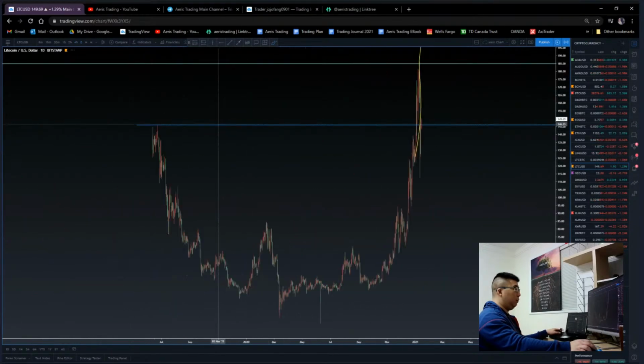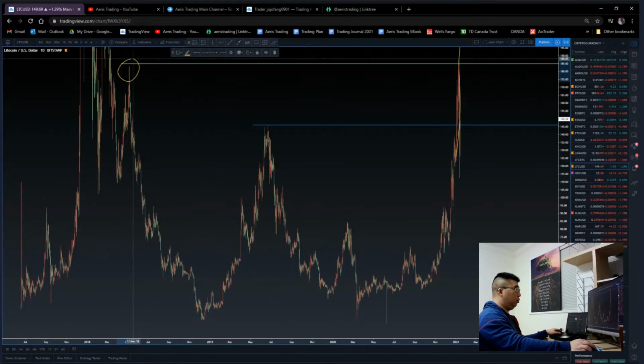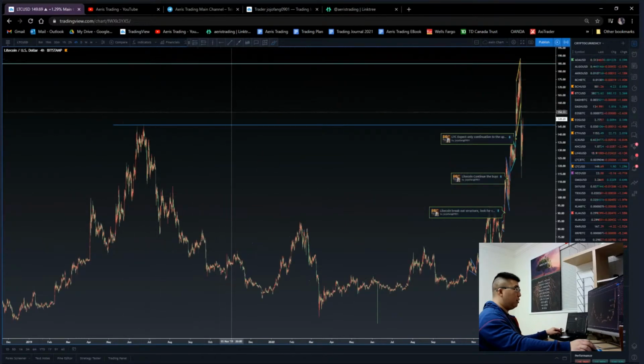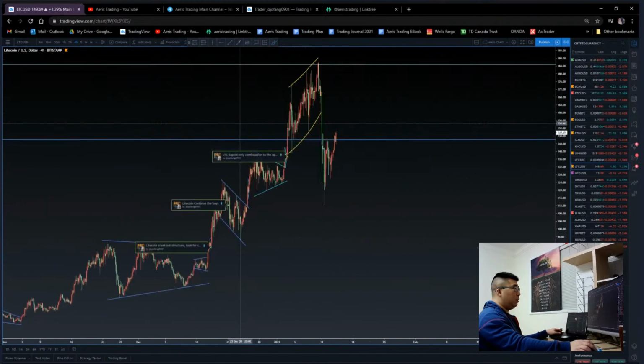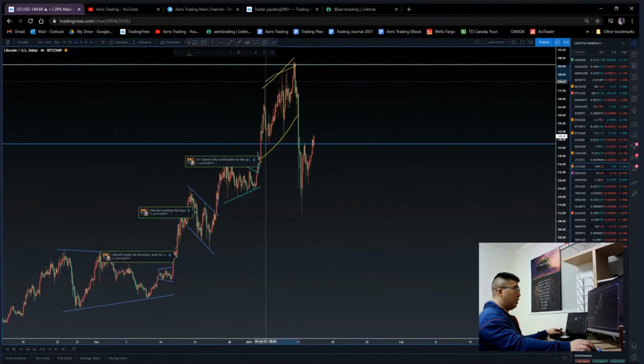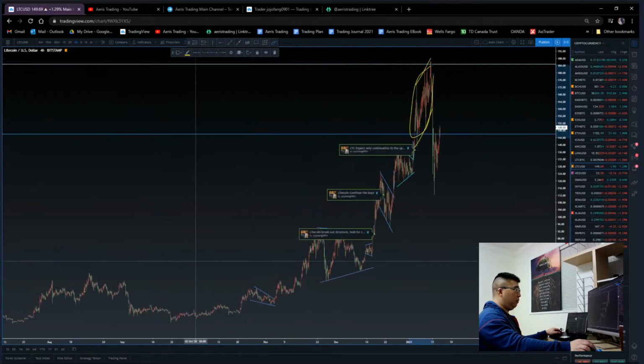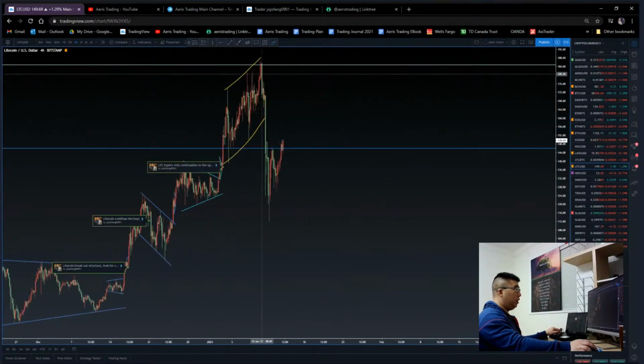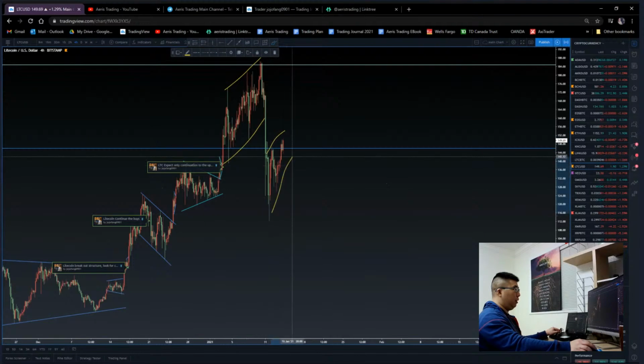I mentioned don't get trapped into something like this, because this is exactly what price is doing. We're forming a reversal after moving so bullishly, very impulsively, and price is likely to make a deeper correction. Now we have this bearish push down, potentially forming a bearish continuation, very similar to Ethereum.